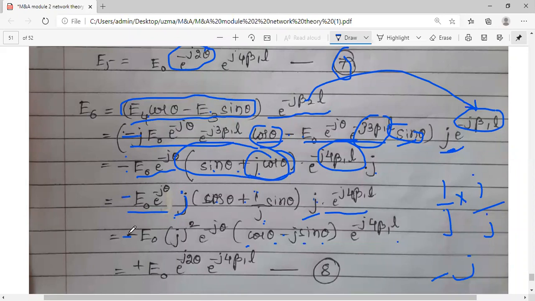So minus j into j, you have j square. There is an outside j, two j terms, j square is minus 1, into minus 1 plus, E naught as it is, exponentially cos minus j sin is e raised to minus j theta. So 2 times, 1 plus 1, 2 theta, into exponential 4 beta 1 L.